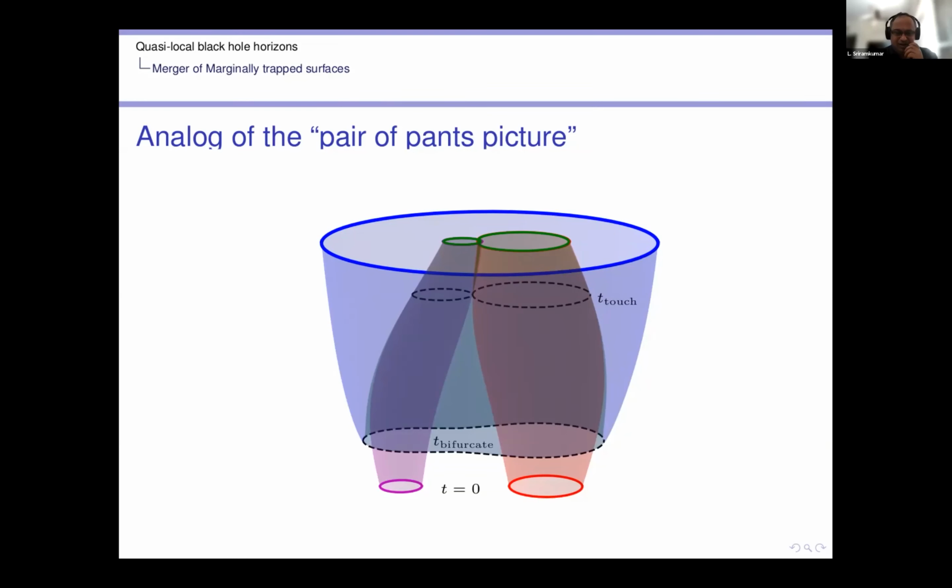Badri, I have a naive question. Does the inner horizon form because these are isolated horizons? Would there be an inner horizon if there are two black holes merging? Sorry, Sriram, you dropped out for a few seconds. Could you repeat that, please? I was asking whether the inner horizon arises because we are considering isolated horizons here, and if I have two black hole horizons merging, would there be an inner horizon in that case as well?